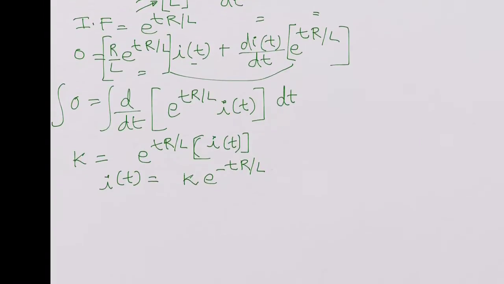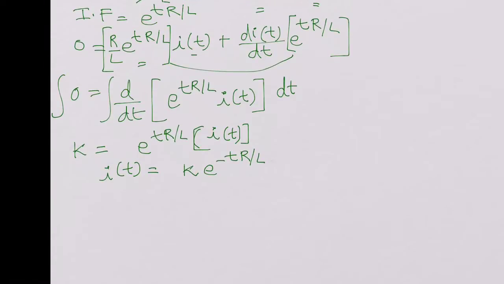Now we know what is the initial condition for the current. We know that I of 0 is V over R. So I of 0 is V over R becomes k, because at t equal to 0, this e power minus t R over L becomes 1.